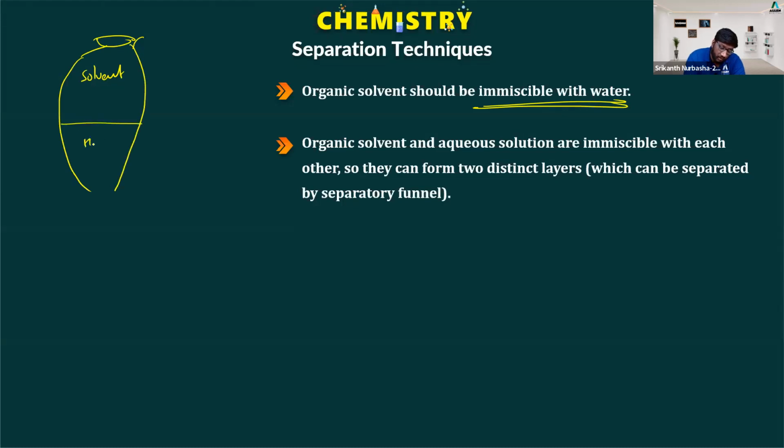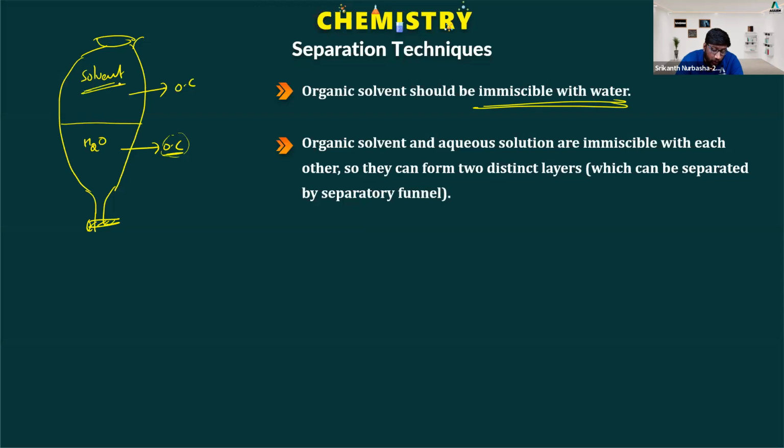We have a water layer. Here I am saying the organic compound has slightly less interaction with water. So that is why the organic compound went to the solvent and developed new interaction with the solvent. And here you have a stopcock. Yes or no? From which you can open the stopcock and flow the solution. First point is the organic compound is more soluble in the solvent layer when compared to the water layer.